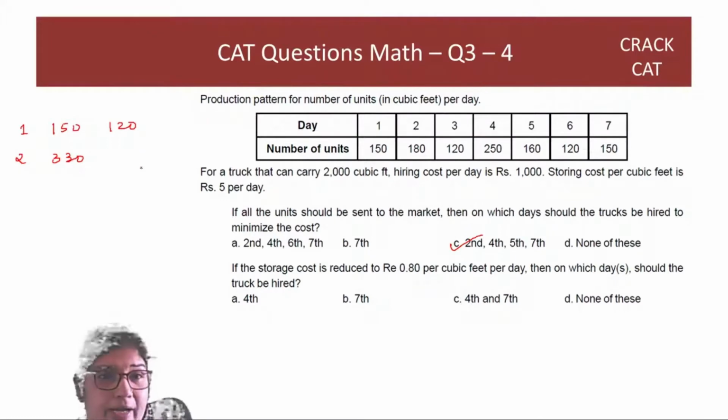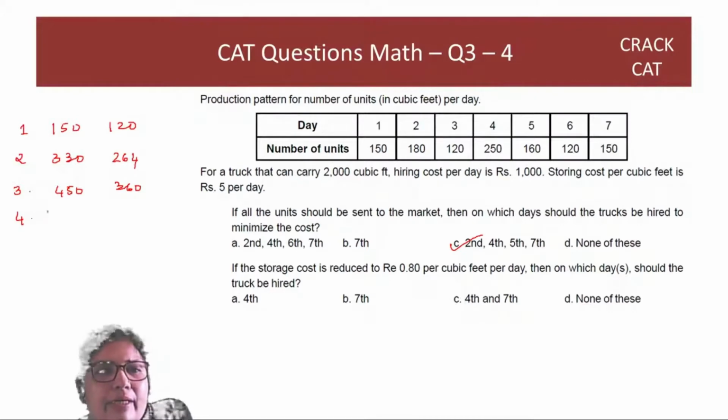And you should not add it up. On every day, you'll wake up and say what is cheaper, to hire or to store. Correct? So 330 into 8, 33 into 8 is 264 rupees. Third day you have 450 and this is 360 rupees.